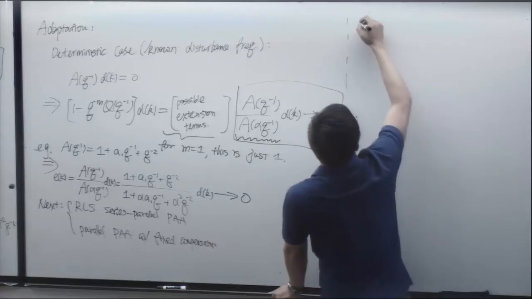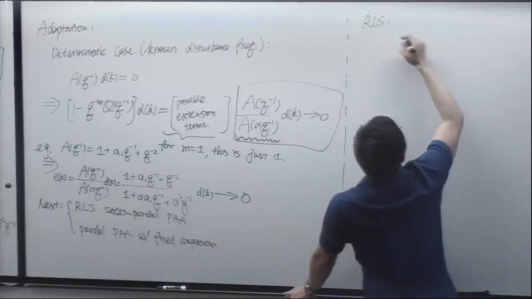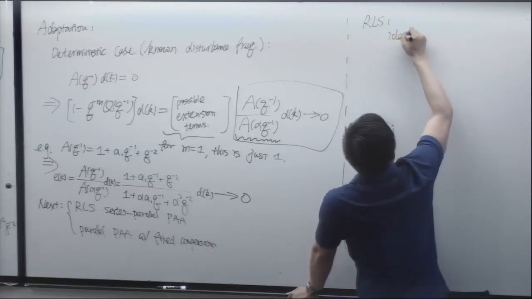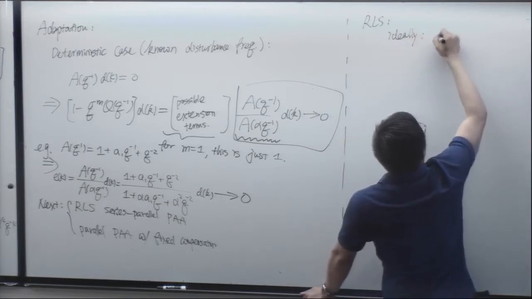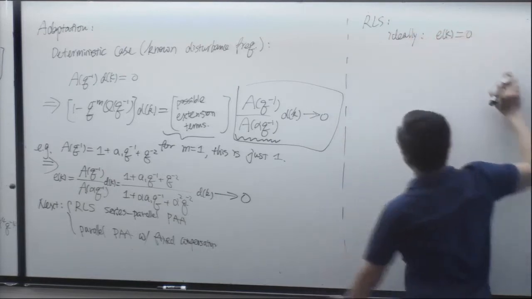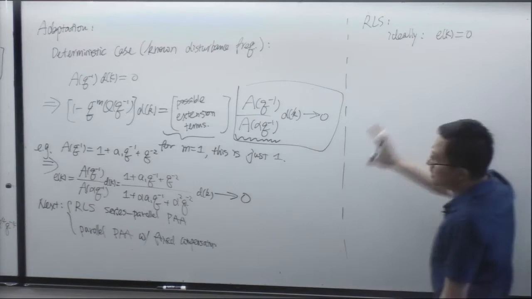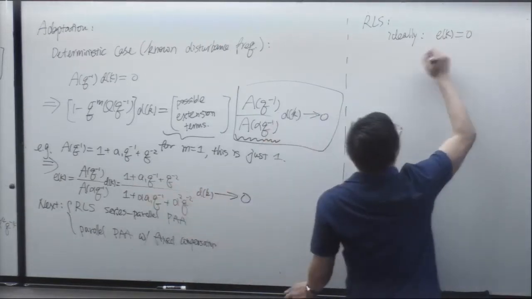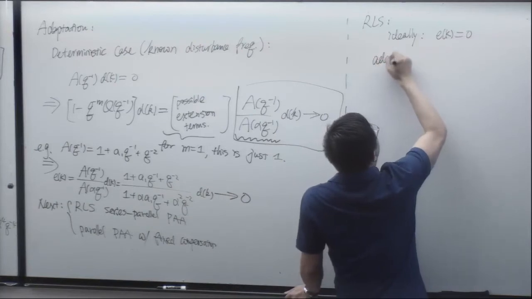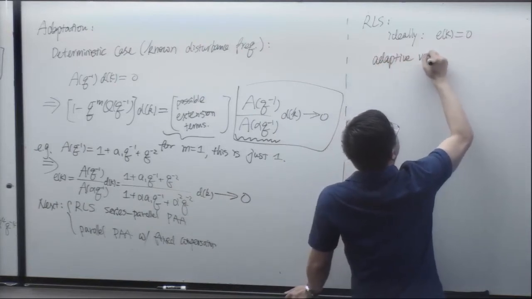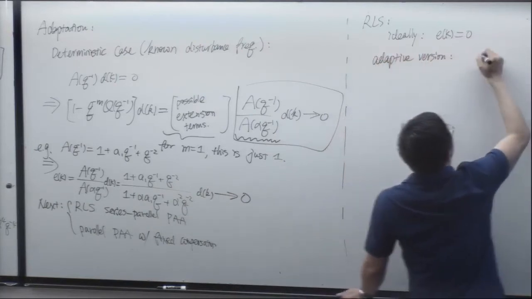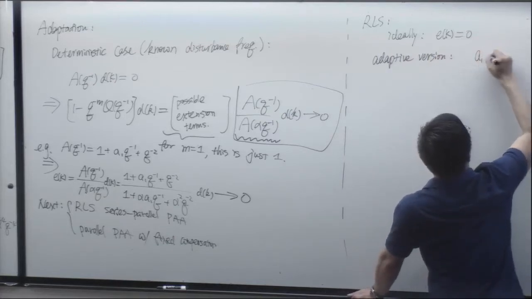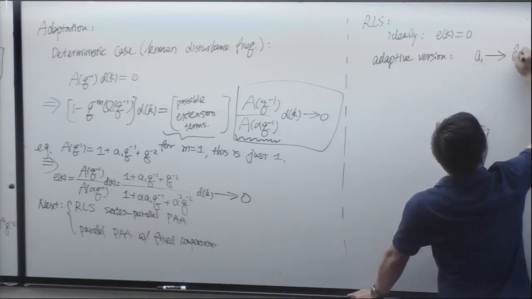Okay, so ideally ek is 0. All right. So in the adaptive version, we are going to adapt A1, this is the only variable.